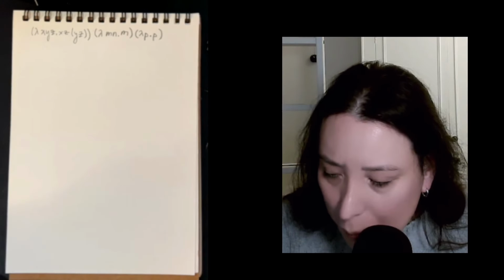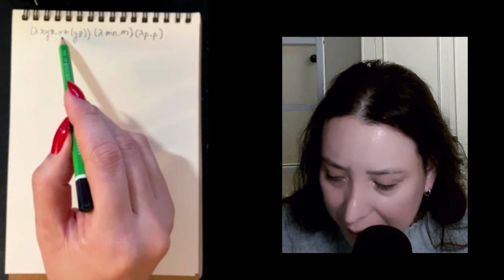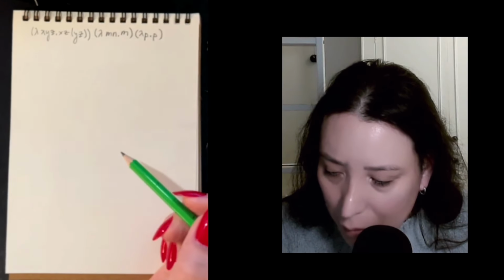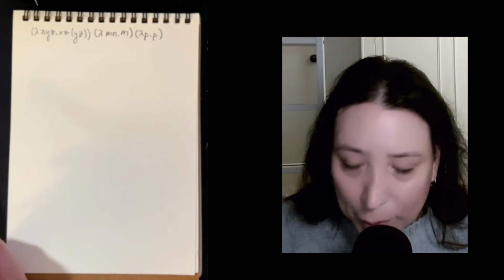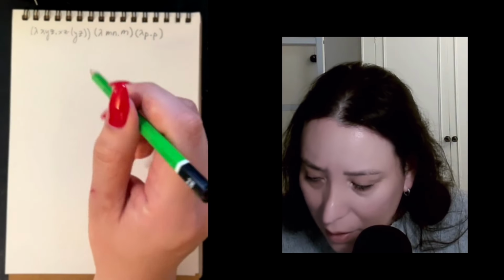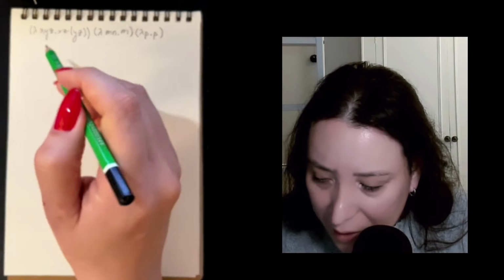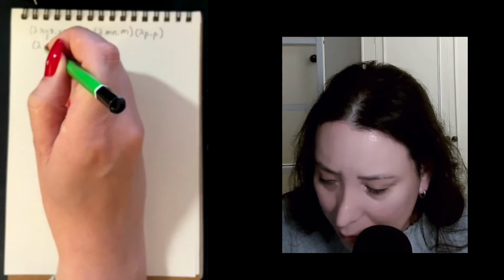So let's put it in a more standard form where these are curried functions. One way to think about this is that this function takes in multiple parameters x, y, z. But for reduction purposes, it's easier to think of it differently. Let me give an example of how we reduce this.